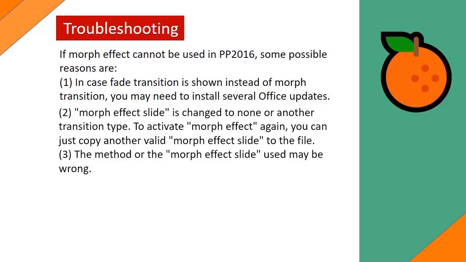If you are using a morph effect slide, and then you choose none or the other types of transition in the transition menu, then the slide will lose its morph effect. Since there is no clickable morph effect button in PP 2016, there is no way to restore the effect directly. To activate morph effect again, you can just copy another valid morph effect slide to the file.